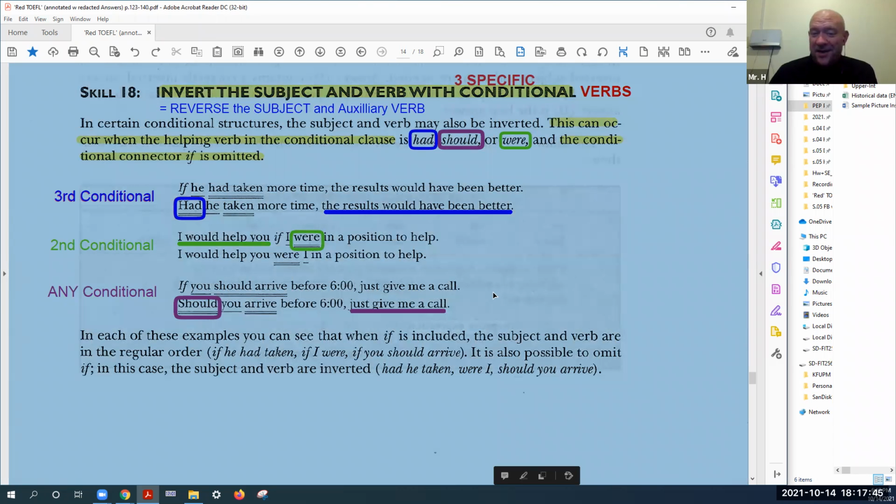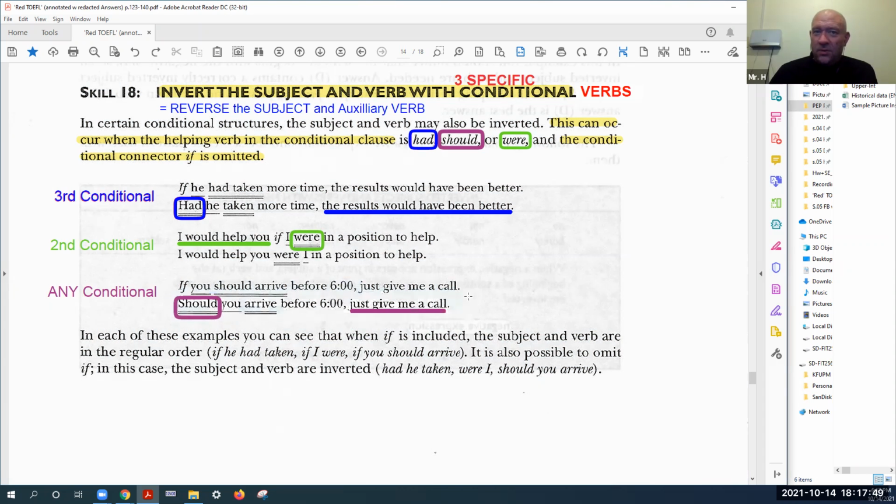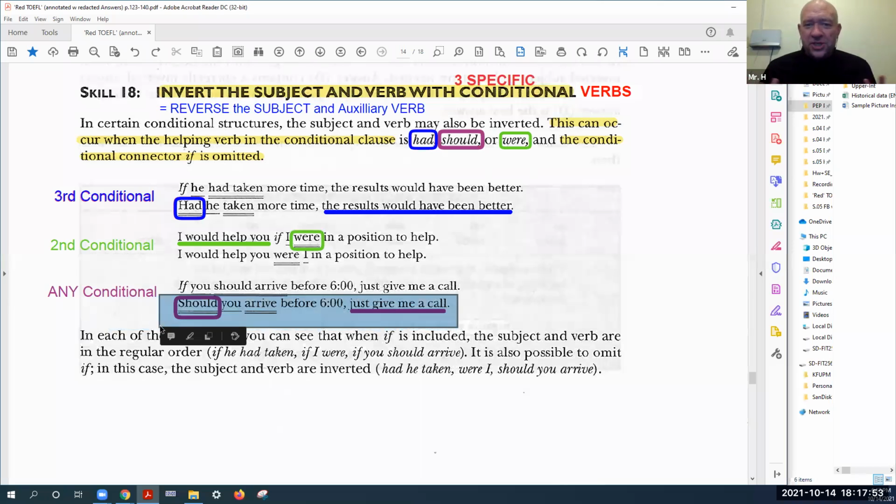Now, when you omit the connector, there is no connector. So how do I know which side is the main clause? That's the trick.